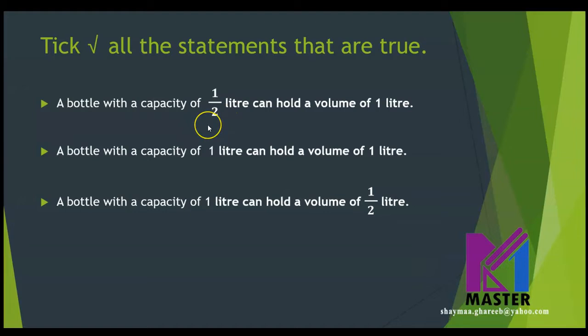In the first statement, the capacity is smaller than the volume. So could this be possible? Can I put 1 liter inside a bottle that can only hold half liter? Of course not. The second one, capacity is equal to the volume, so I can say this is true. The third one, the capacity is more than the volume inside it, so I can say it is correct.